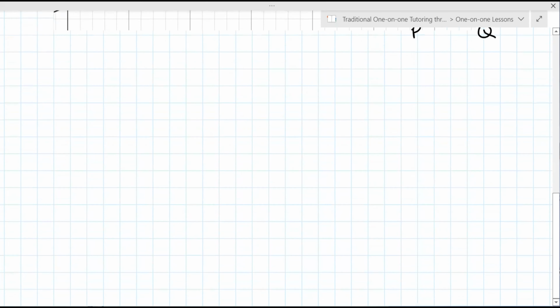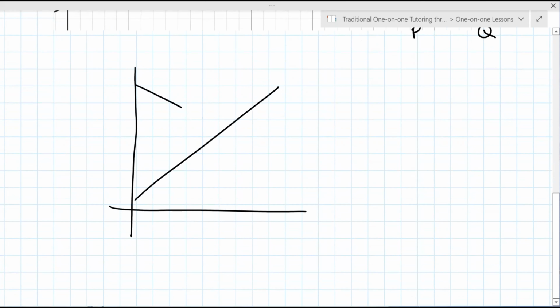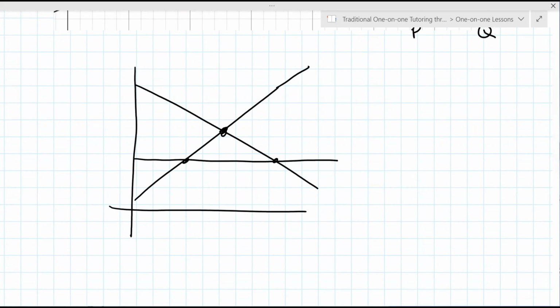So the more common example is the price of an apartment in New York City. They set a price ceiling right here that's less than the equilibrium price. They say to the owners, you cannot charge more than this for the apartments. And they're like, well, we want to, because the equilibrium price is way up here.